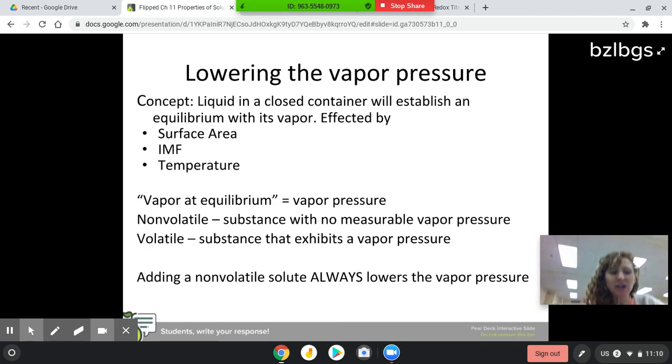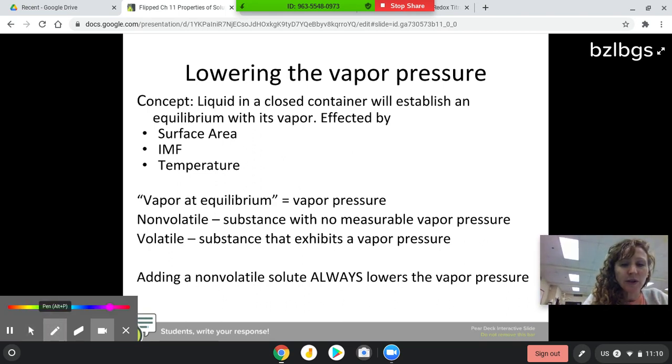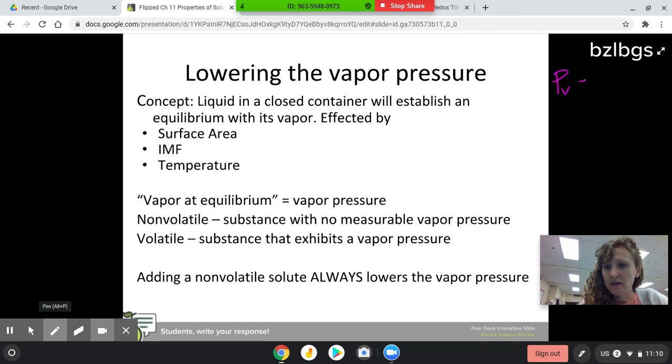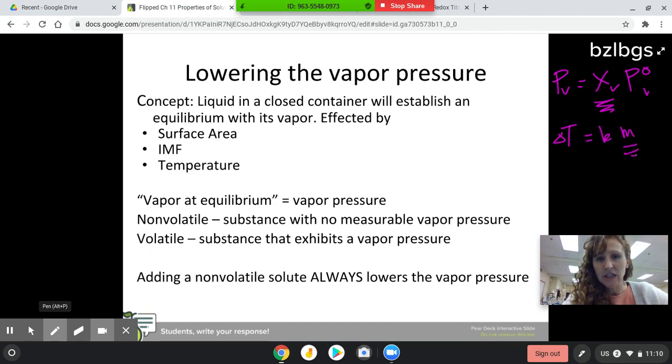For vapor pressure, the formula is dependent on the mole fraction. For freezing point and boiling point, it looks something like this, and the measurement of concentration is molality.